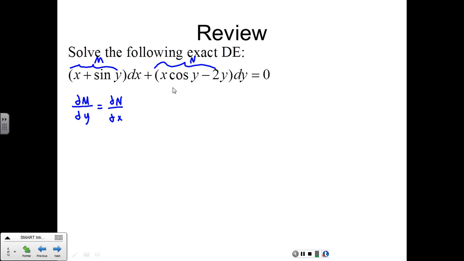The partial derivative of M with respect to y would be cosine y. Over on this side, N with respect to x, the x is the variable and the constant would be the derivative, so cosine y. Check. That works.